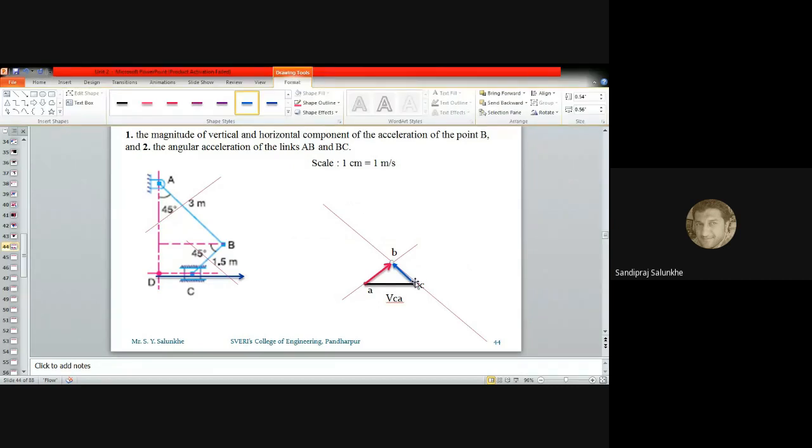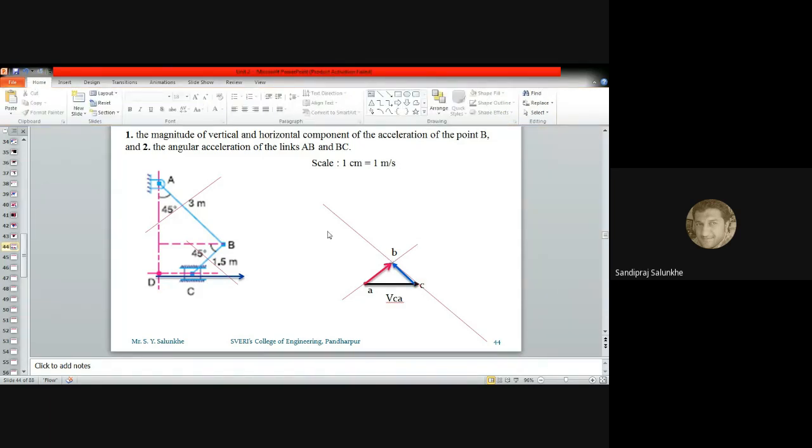Okay, so successfully you calculated or found out the velocity of point B with respect to C as well as the velocity of point B with respect to A. This vector is indicating the velocity of point B with respect to C, and this vector is indicating the velocity of point B with respect to A. So now the next step is that we have to draw a table, and for filling that table, what we need is the velocities.